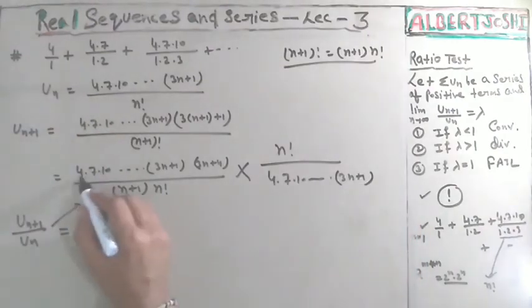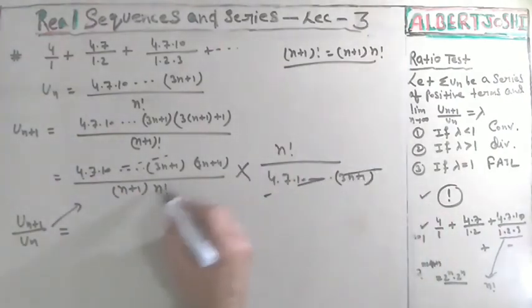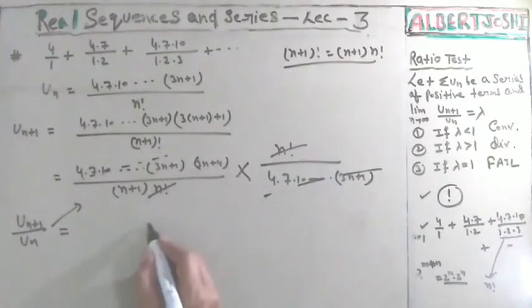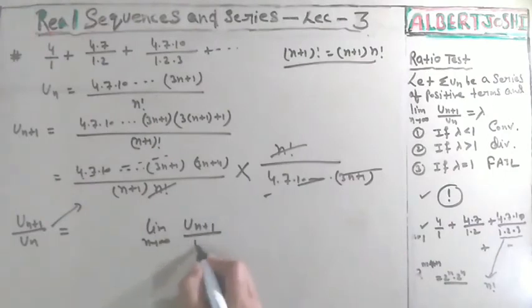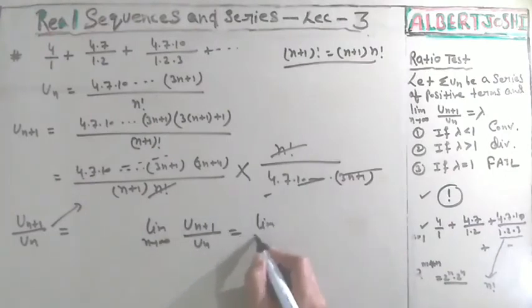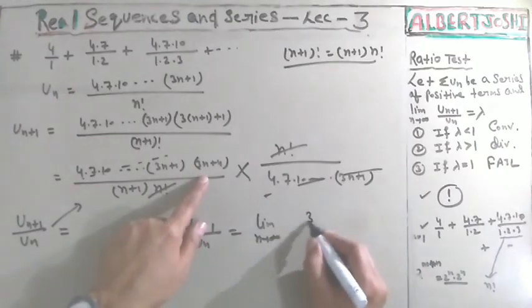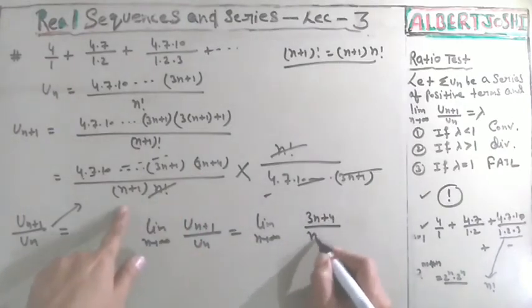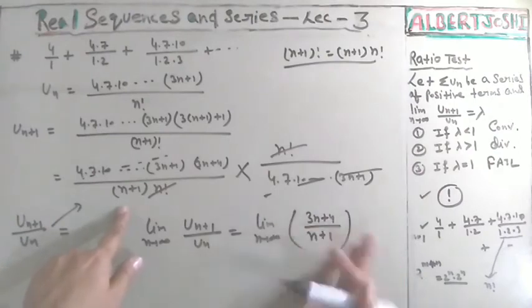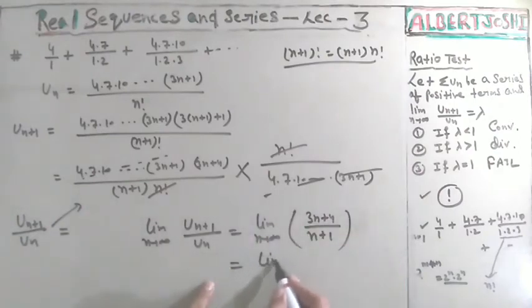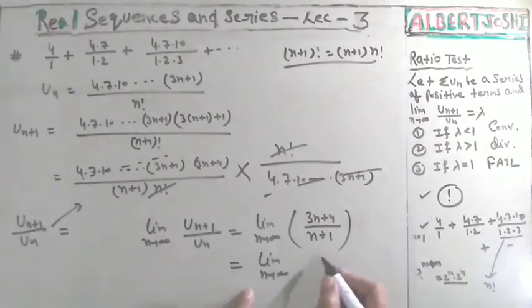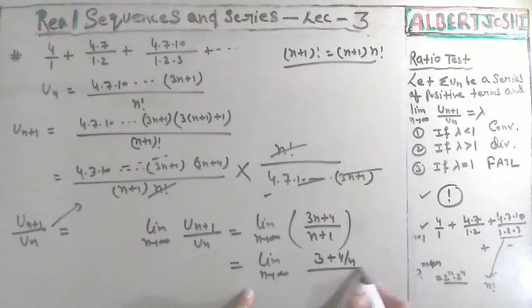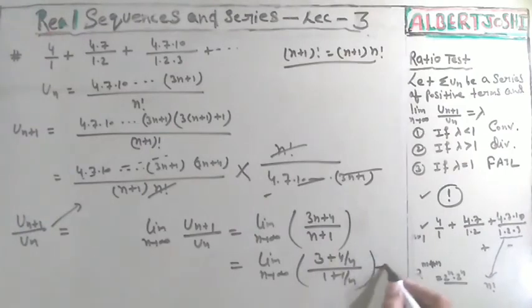Everything cancels, n factorial cancels, and you get limit n tends to infinity of un plus 1 upon un equals limit n tends to infinity of 3n plus 4 upon n plus 1. Now take n common on both sides, then you get limit n tends to infinity of 3 plus 4 upon n upon 1 plus 1 upon n. 1 upon infinity is 0, 4 upon infinity is 0, so it is converging to 3.